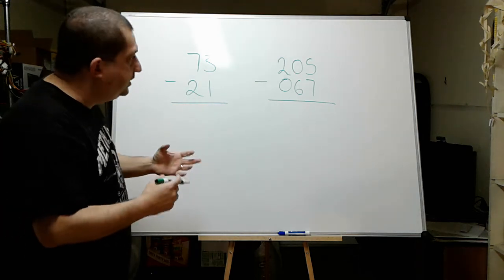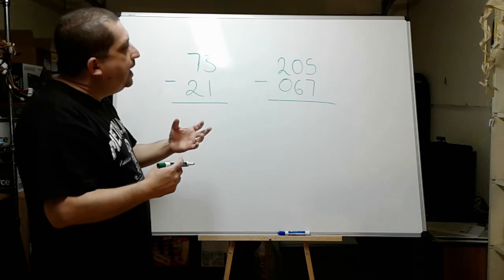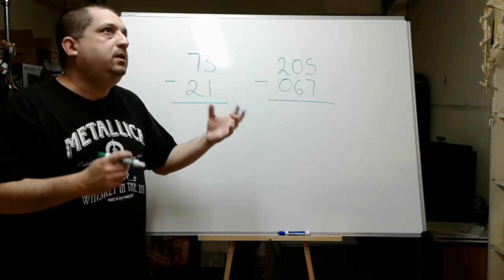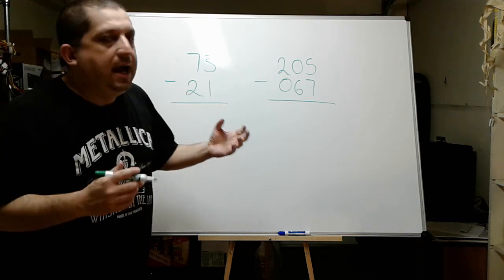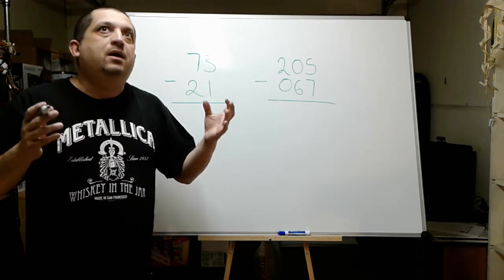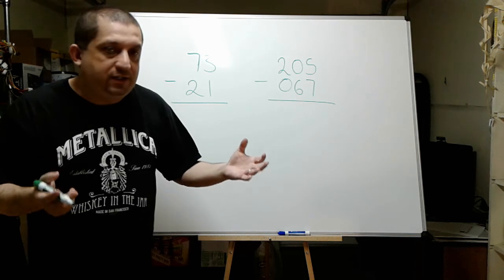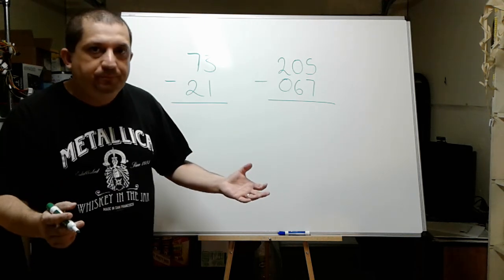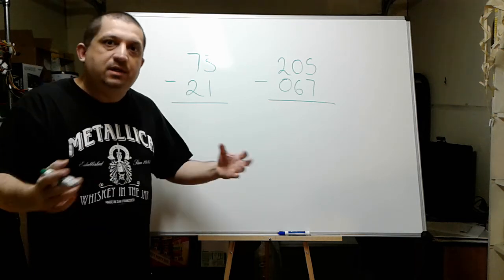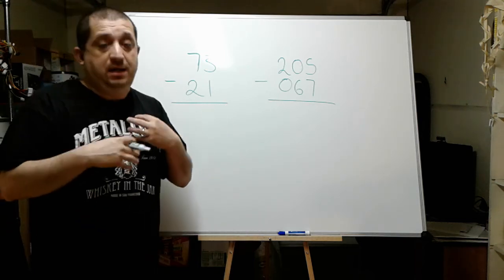Okay, in most cases. So when it comes to subtraction, well, when it comes to math in general, my friends, I cannot stress this enough. There are about 5 different ways to do an operation and to get to the same result. However, in this video, I'm going to show you what's the best way for me.